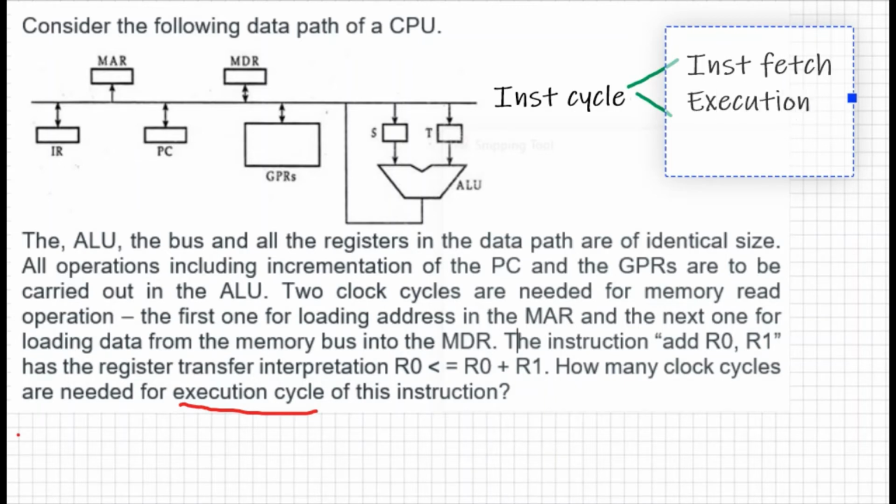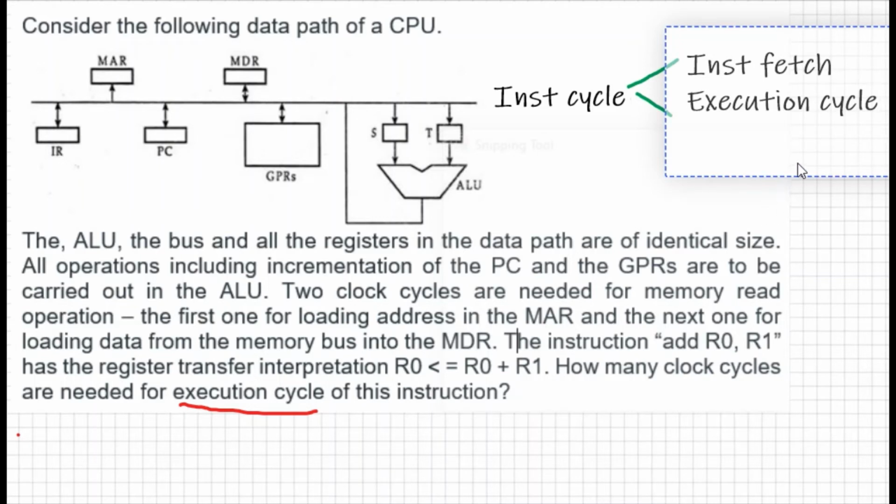The question is asking about the execution cycle, not the instruction cycle. Because the question already tells you that 2 clock cycles are needed for a memory read operation, it means the instruction is already fetched.